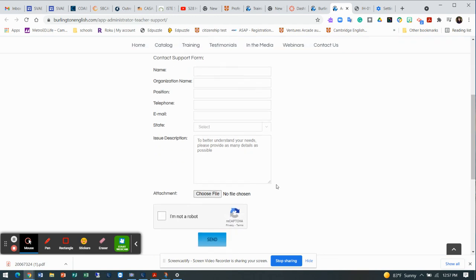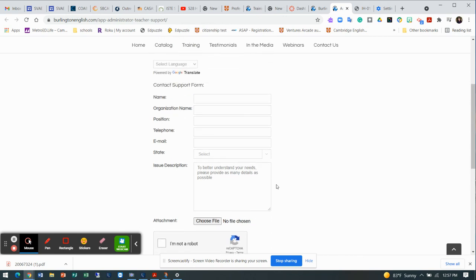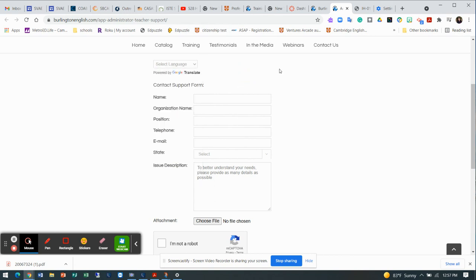This goes into a version of their TSR. So if you'd like to meet with them and set up something on your own time, you can definitely do that. They have a translate button, so you can help them. Students can do it as well. If there's something wrong with their account, usually Norma and I can help them very quickly. But if we're not here, this is another way for them to get some help.